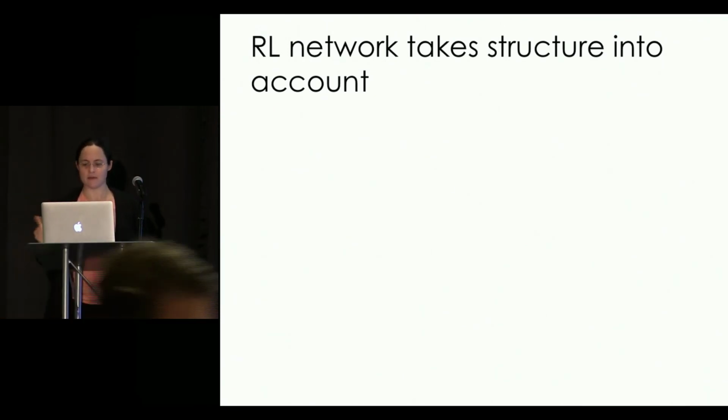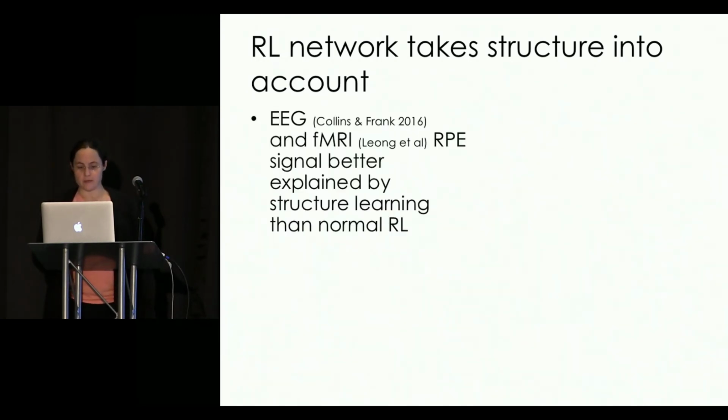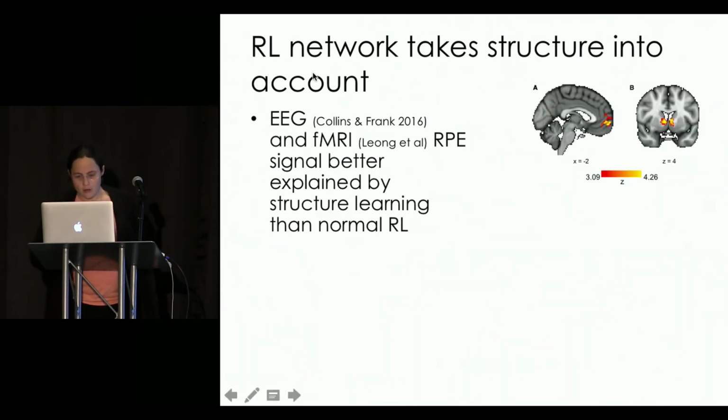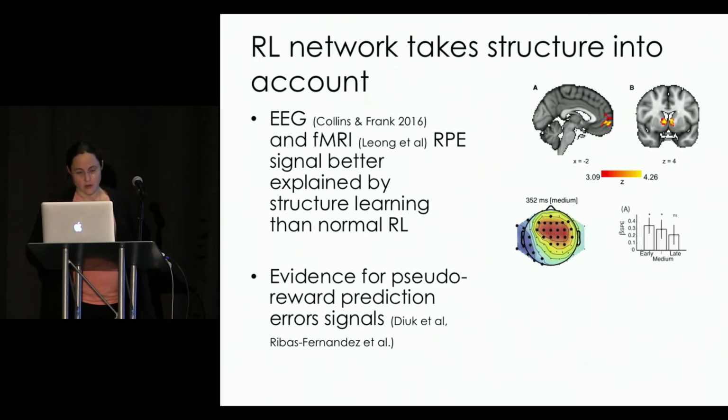And there's been some evidence out there that this might be a plausible algorithm indeed. For example, by showing that the signals for reward prediction errors in the brain, measured either in fMRI or in EEG, so fMRI here and EEG here, are sensitive to the structure of the state space. So a model that incorporates structural learning explains those signals better than one that doesn't.